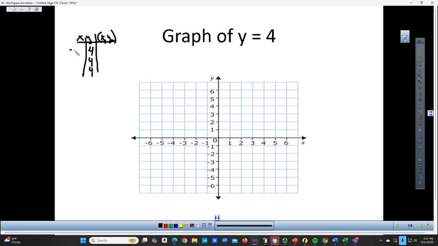It doesn't matter what my x values are, as long as my y values stay on 4. So when I graph this, we're saying y is 4, go up to my 4, which is here, -1, 4, -6, 4, right?